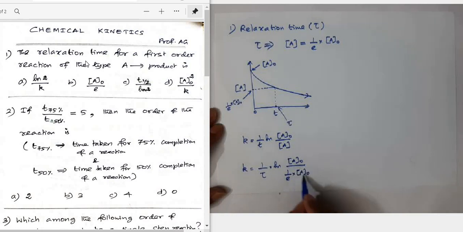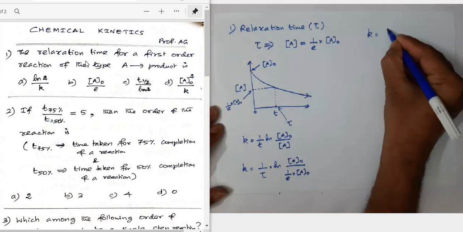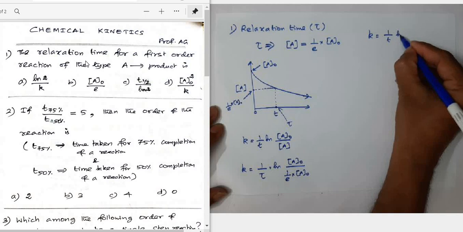So A naught cancels, E goes to the numerator, and you know very well ln E is 1. So you will get K equal to 1 by tau into ln E.